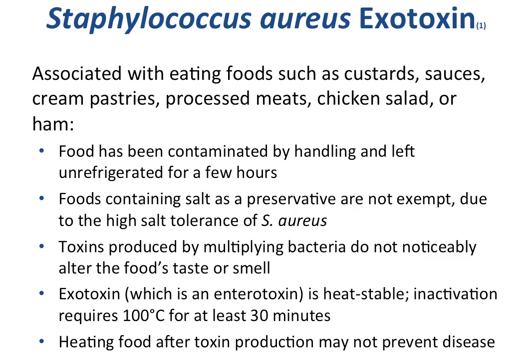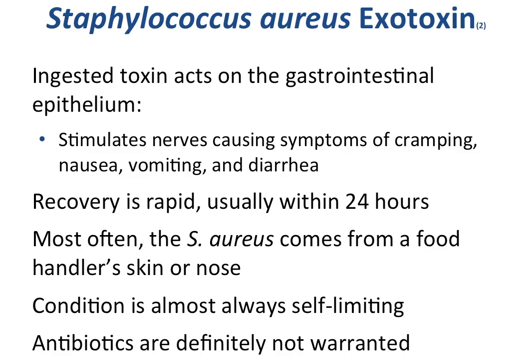So even if we cook the food, that may not be a good way to prevent this disease, because if the cooking is not long enough, the toxin is not yet eliminated. Once the patient ingests the toxin, it acts on the GI tract epithelium and the nerves, causing cramping, nausea, vomiting, and diarrhea.